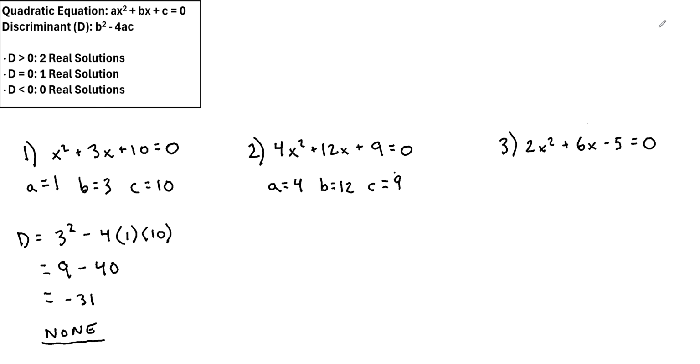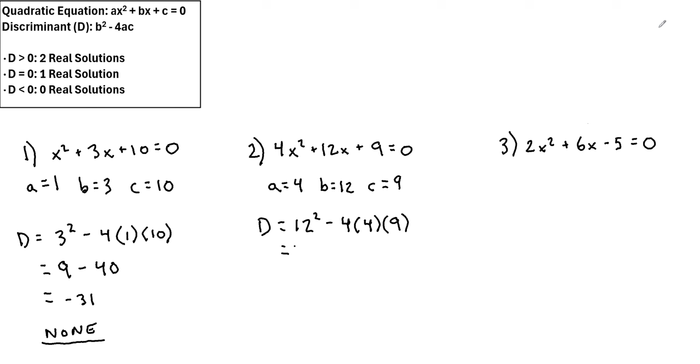So now that we've identified each of these values, we'll plug them into the formula for the discriminant. So the discriminant d is equal to b squared, that's 12 squared, minus 4 times a is 4, times c is 9.